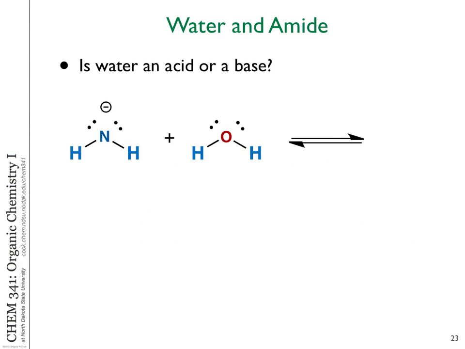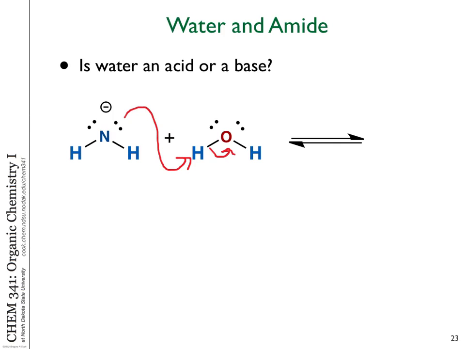Okay, and if we look at that case, water could accept a proton. So water can behave as a base. But water can also behave as an acid. It has protons on it, right? In this case, if you take the reaction of NH2 minus and react it with water, the reaction proceeds like that.